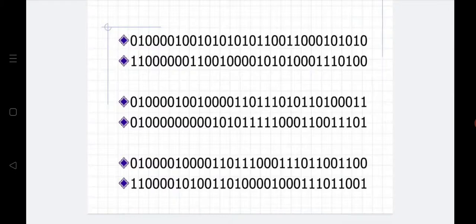Based on the question, if he says single precision or double precision, I need to go with the single precision or double precision exponent format. Generally he will ask you single precision only, and most of the time he won't specify the precision. If at all he specifies a precision, then the simple thing is that your exponent will be 8 bits for single precision. For double precision, the exponent will be 11 bits.